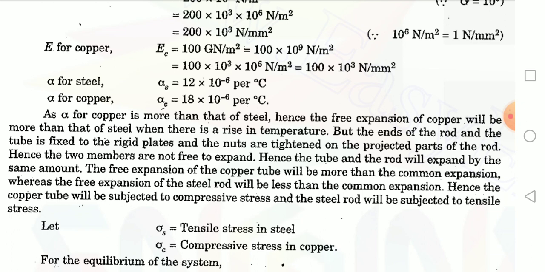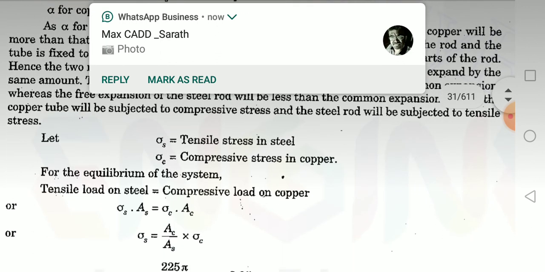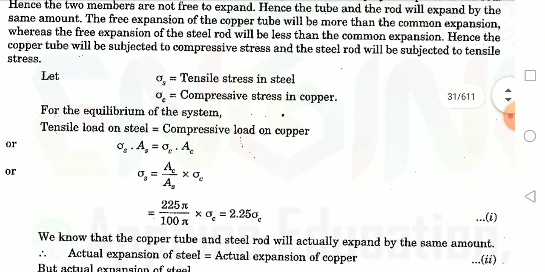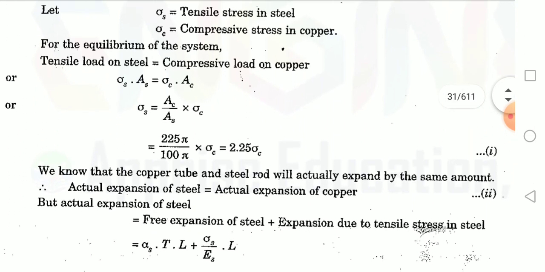Hence, the copper tube will be subjected to compressive stress and the steel rod will be subjected to tensile stress. So, the tensile load on steel equals the compressive load on copper for equilibrium of the system.